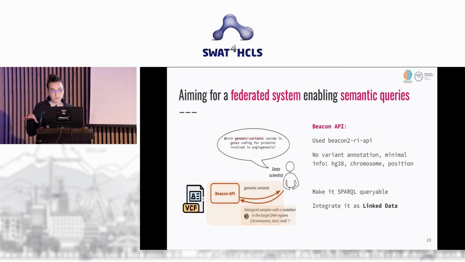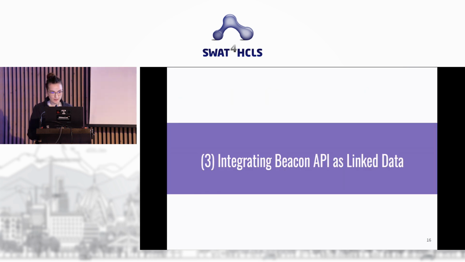And then we thought, okay, how can we make it queryable by SPARQL, and how can we integrate it as linked data? So how did we achieve that? Integrating Beacon APIs as linked data.